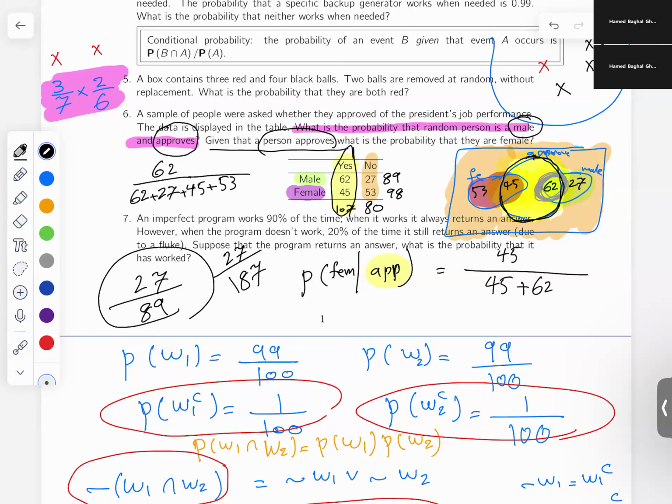Given that a person says no, what's the probability that person is male? What's the answer of this one?